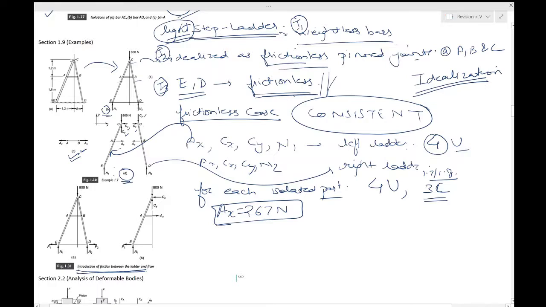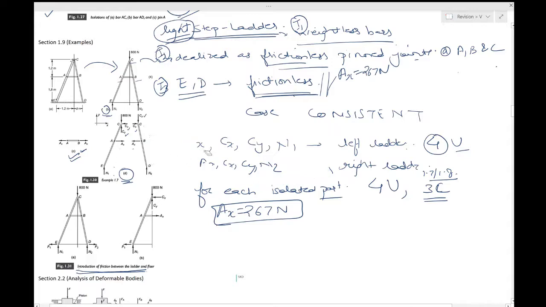So with this we get Ax as 267 newtons. I'm keeping this number so that we can compare it when we get rid of one of these idealizations.